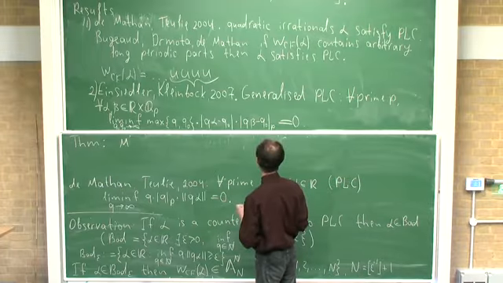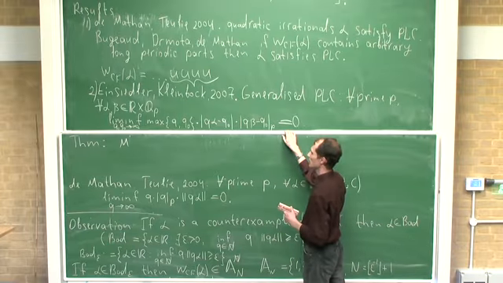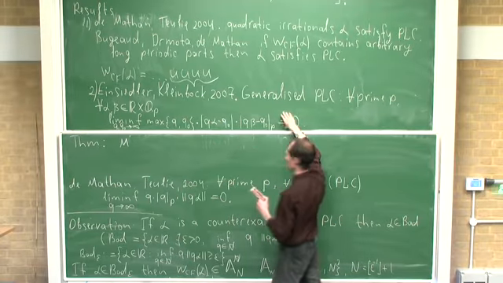I still need this because I want to define the analog of beta epsilon. So I will define one more set, where this expression is bigger than epsilon.